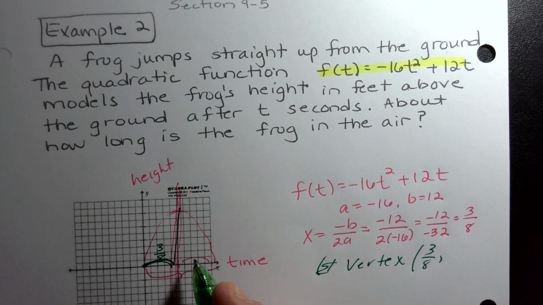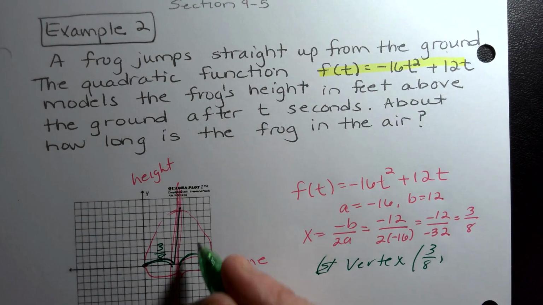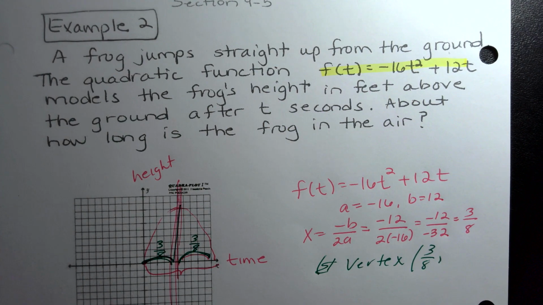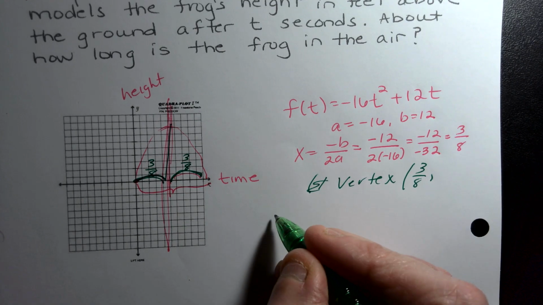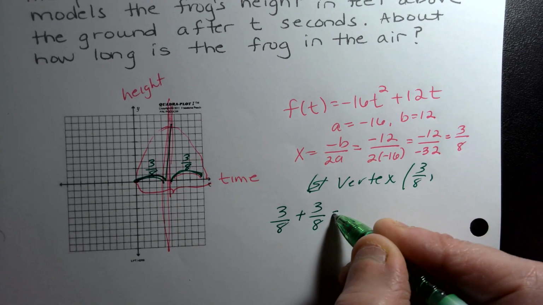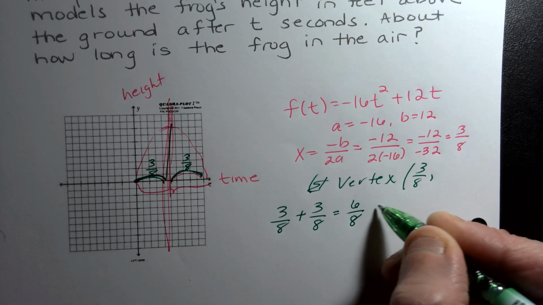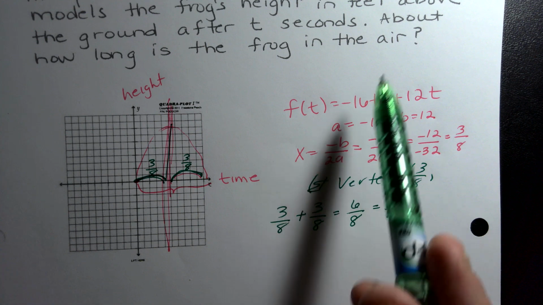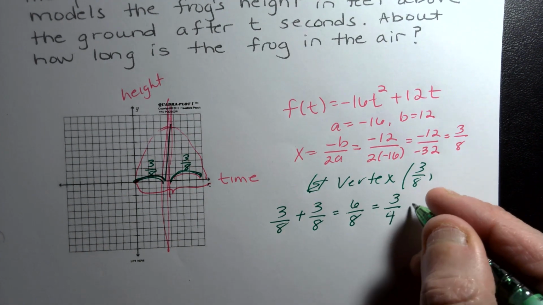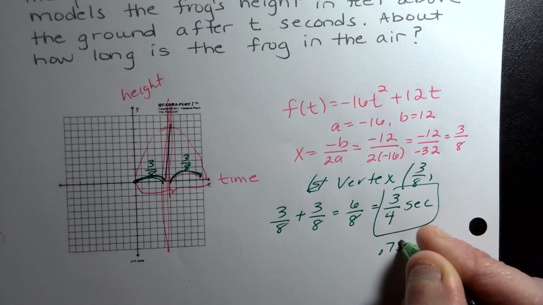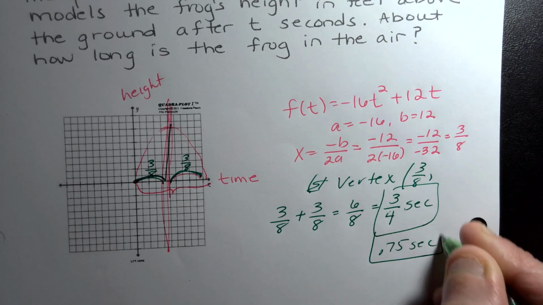They asked how long is the frog in the air. So I'm going to have another 3/8 here. And what will I do with both of those? I will simply add them. 3/8 plus 3/8, or 3/8 times 2, gives us 6/8, which is 3/4 of a what? Second. Or 0.75 seconds. Same thing.